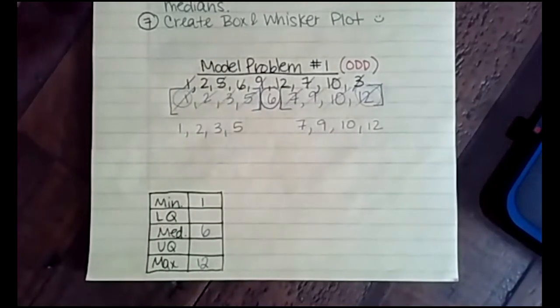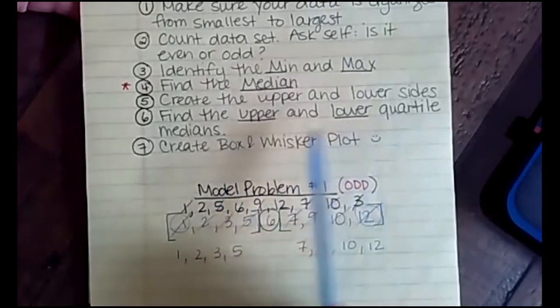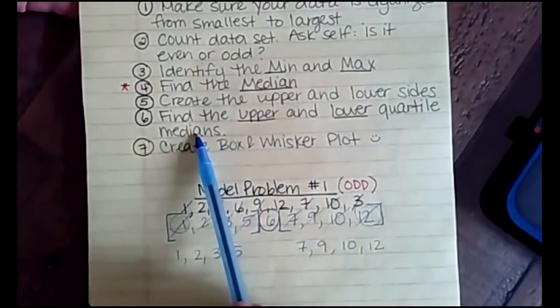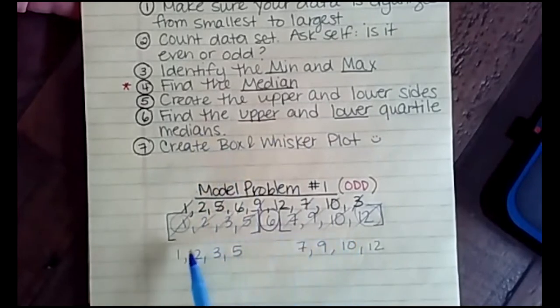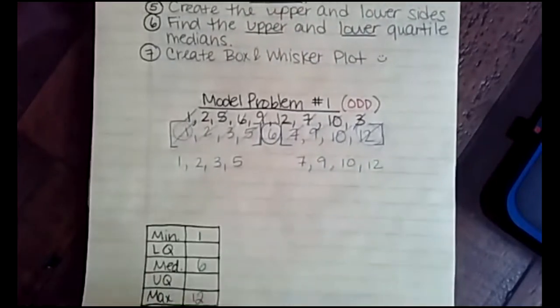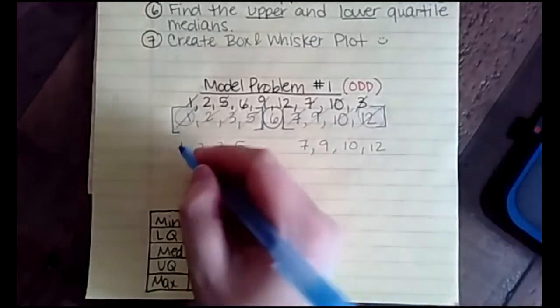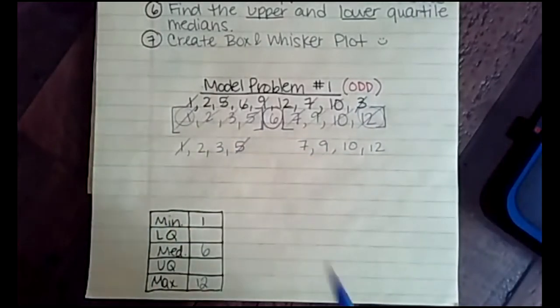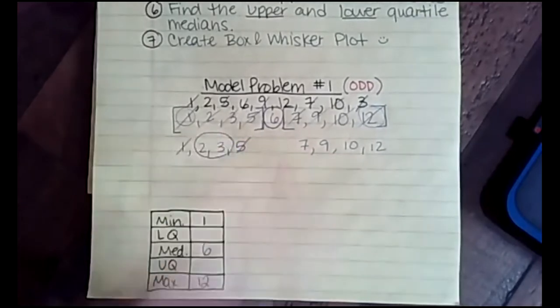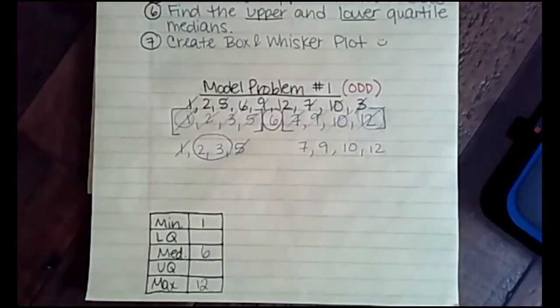Okay, so I have done step 5. I created the upper and lower sides. Now I need to find the medians in both the upper, this is the upper, and the lower quartile, okay? So I'm gonna go right ahead, cross out till I get to the middle, but I have 2 things here, okay? I have 2 numbers. Now this was a mistake that we saw a lot with your work from the last lesson.